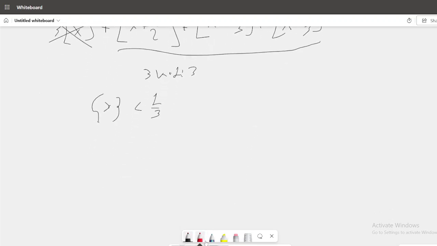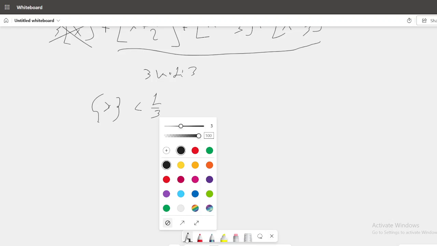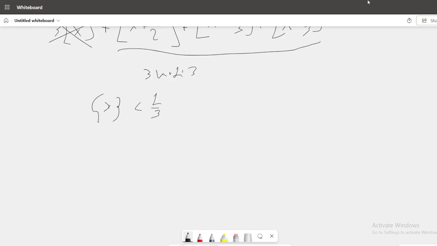Now let's try n equals 4 and see what happens there. N equals 4. Well, you get 4 times the floor of x plus this thing right here, we call it s, or let's just say 3k, then plus the floor of x plus 1 over 2, the floor of x plus 1 over 4, x plus 2 over 4, and the floor of x plus 3 over 4.